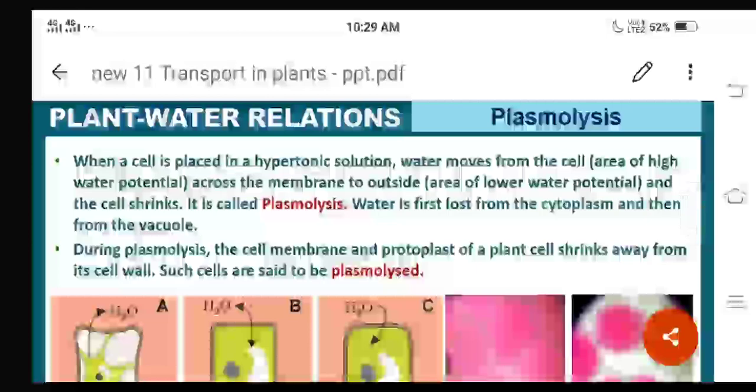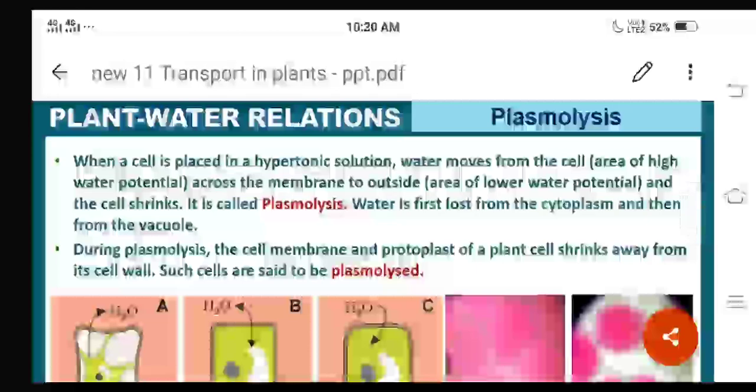When a cell is placed in a hypertonic solution, a highly concentrated solution compared to the cytoplasm or cell sap, water moves from the cell, that is from an area of higher water potential across the membrane to outside, the area of lower water potential.